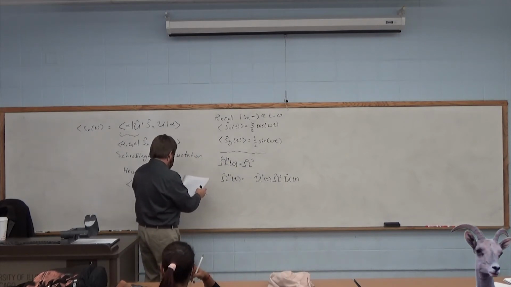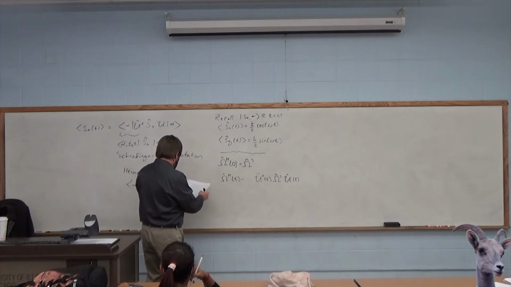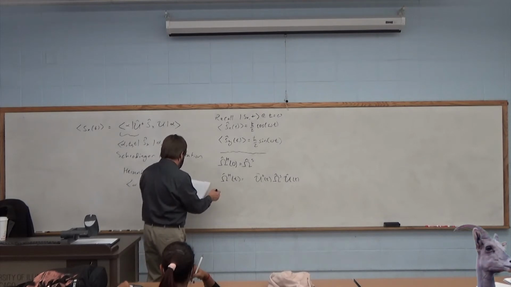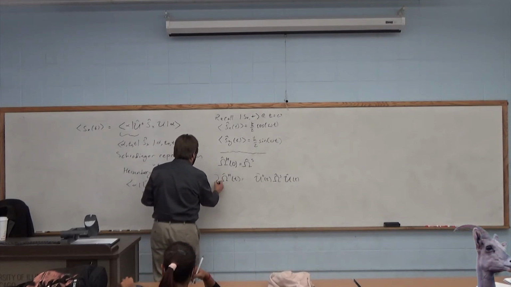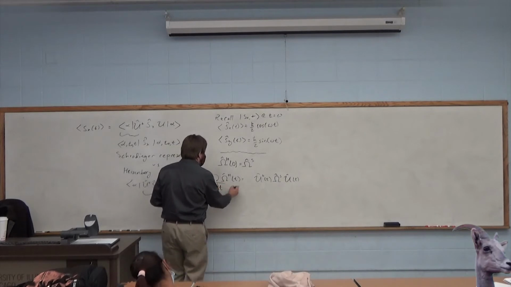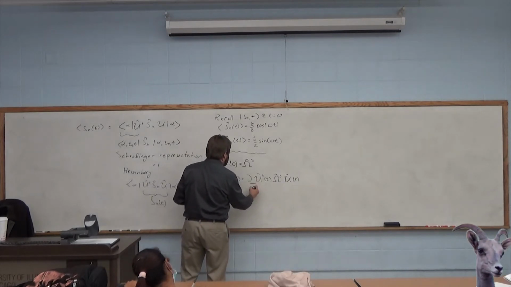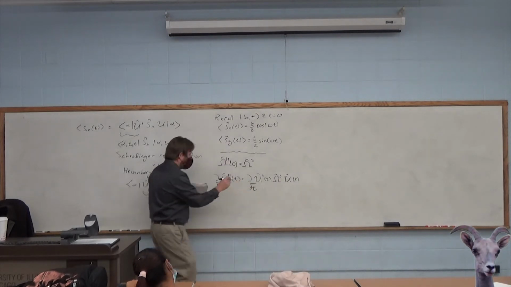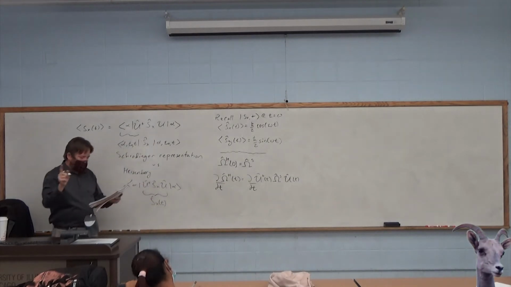Okay, so here's what happens. It turns out that what we're going to do is take the derivative of all this. So that's why I said leave a space. If you didn't listen to me, that's your fault.